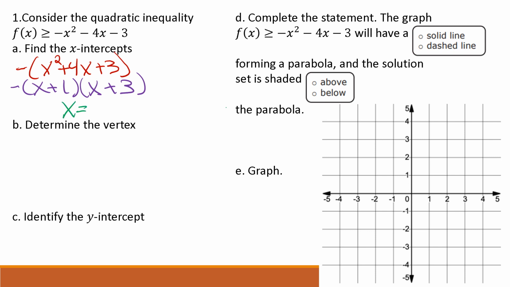All right, so my two answers would be -1 and -3. So that's where the graph crosses the x-axis. I'm going to go ahead and put it on my graph. So we're going to cross at -1 and -3.